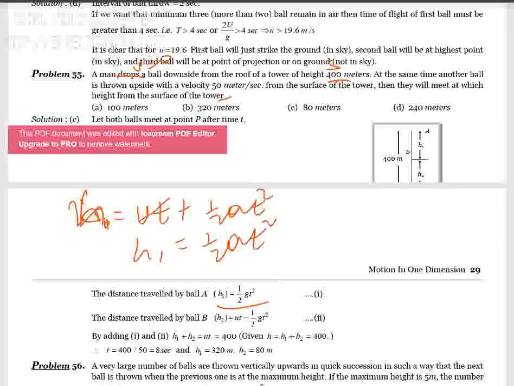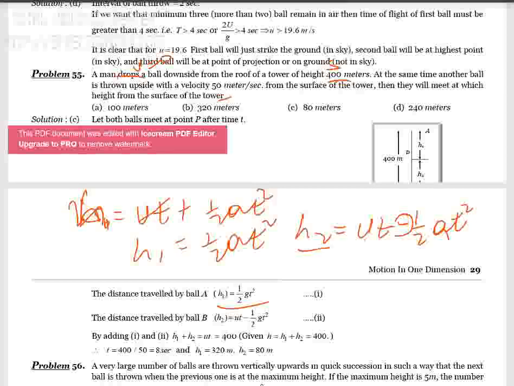This one is the first equation. For the second, since it is thrown upward, H2 is equal to UT minus 1 over 2 AT squared. This minus comes from gravity is down and initial velocity is up, they are opposite, therefore we make one of the two negative.